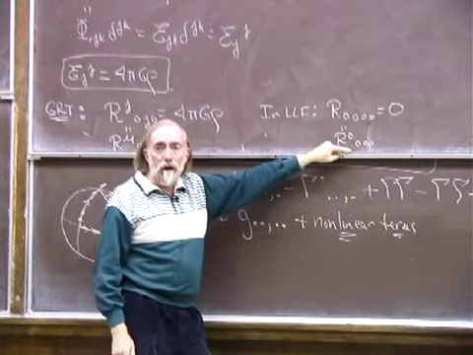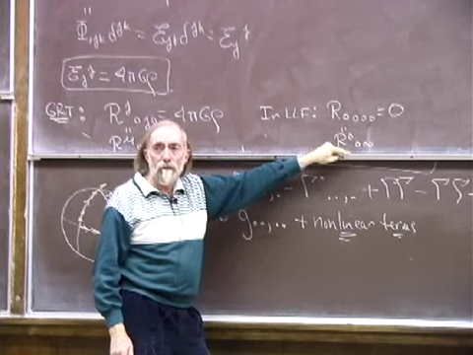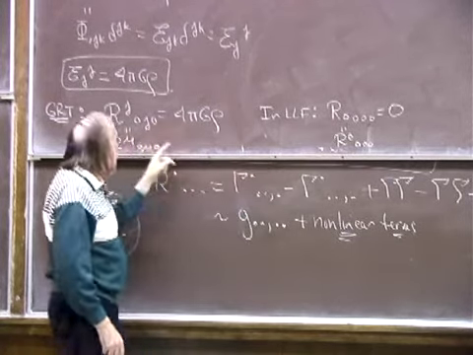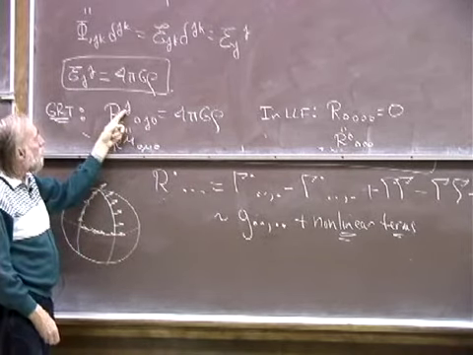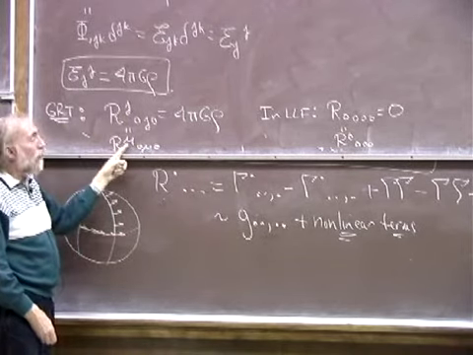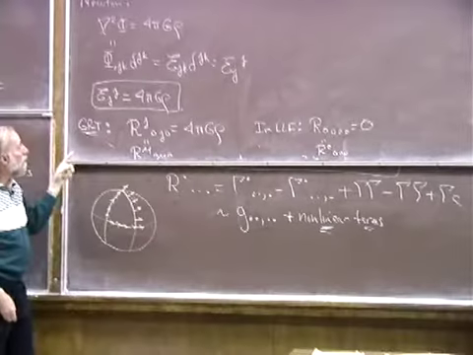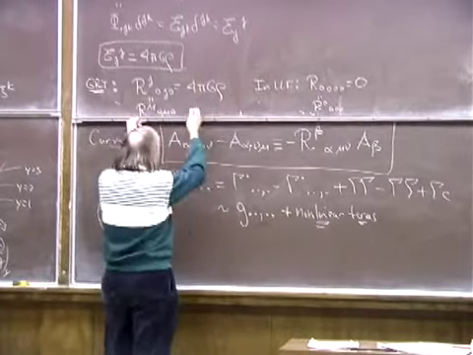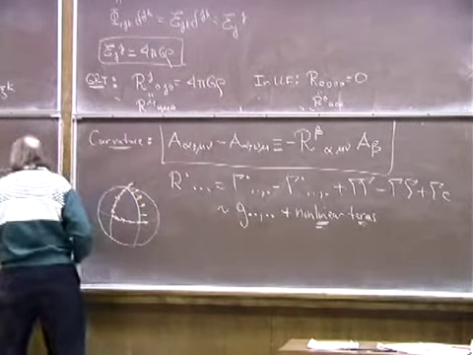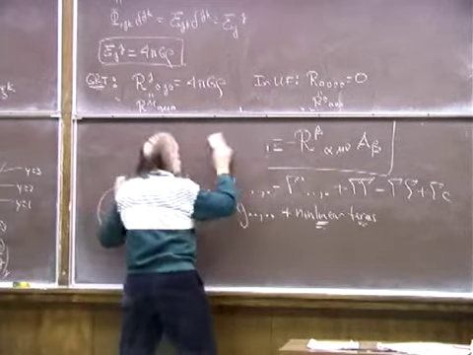So I've gotten partway toward having a geometric relationship. That is, I'm now summing not from j equals 1, 2, 3, but instead on mu equals 0, 1, 2, 3. So in the local Lorentz frame, Newton's field equations can be written in that form in a nearly Newtonian situation.